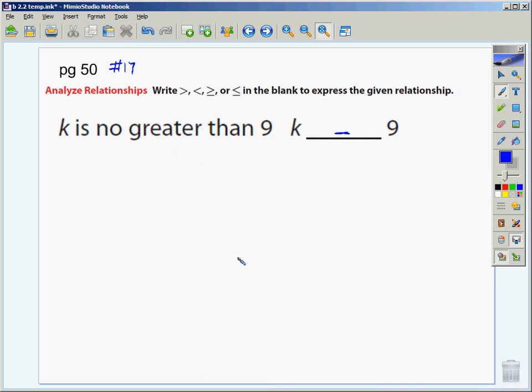If it can't be greater, it must be what? Equal or less than. So all you're doing is filling in that space with that proper inequality. Everybody get it?